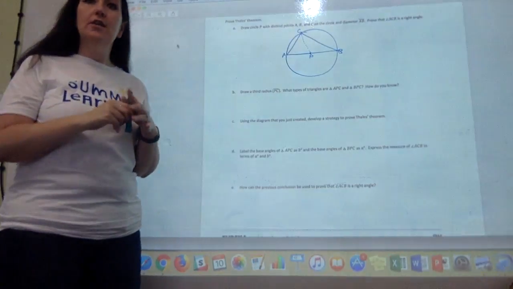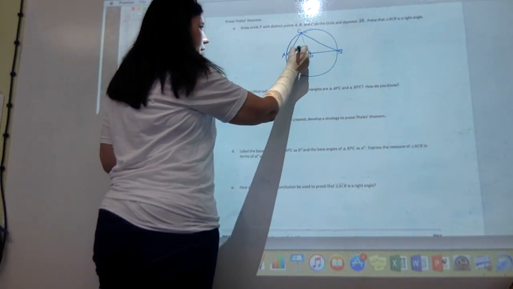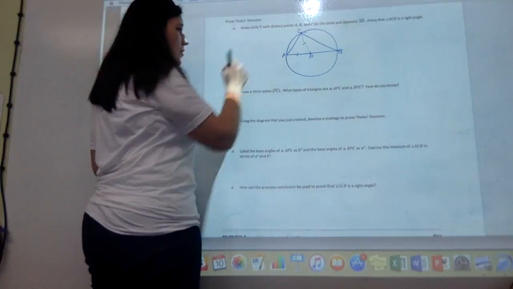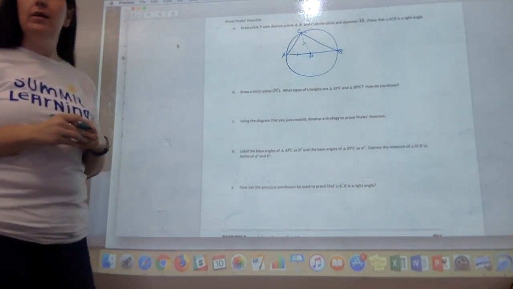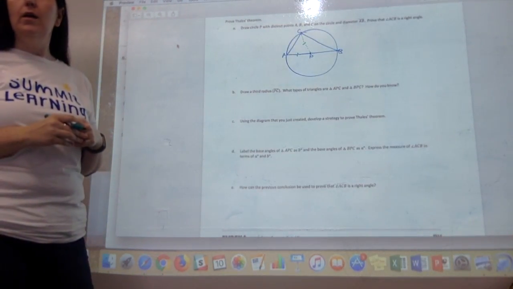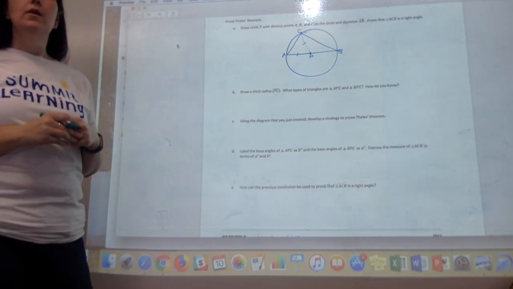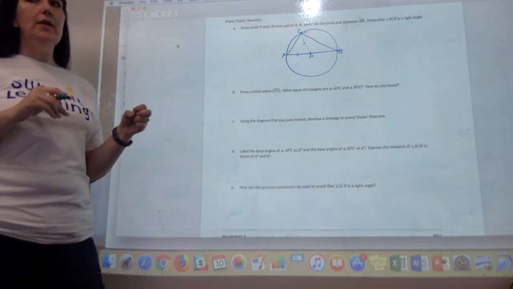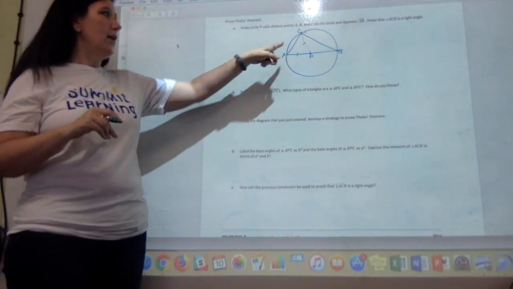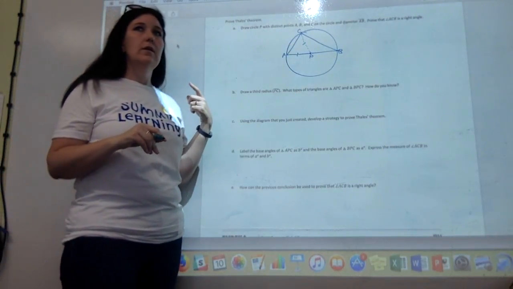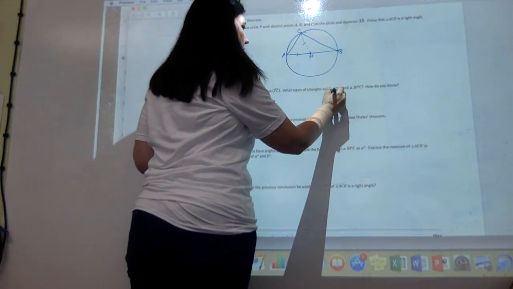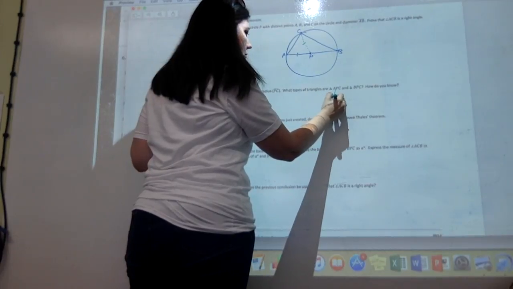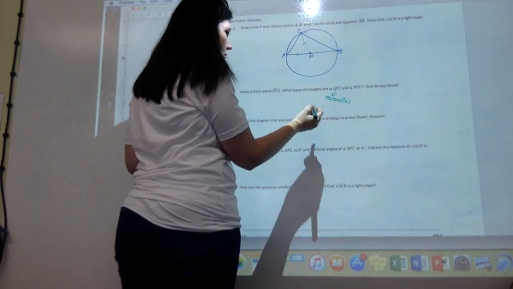They're the same. So what kind of triangle now is APC? Not a right triangle, not equilateral. Isosceles. That's what it is.